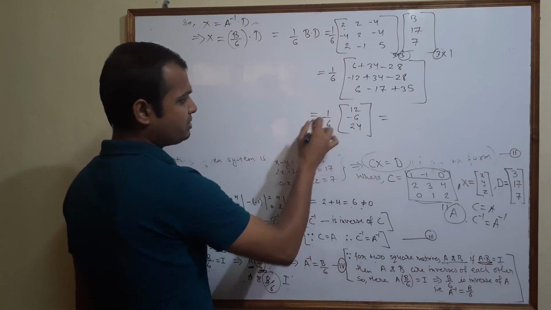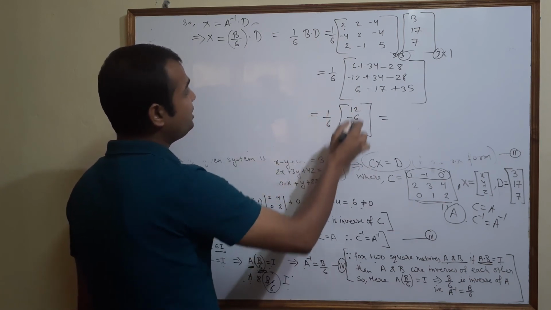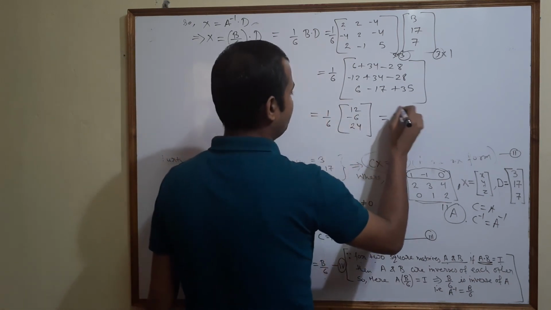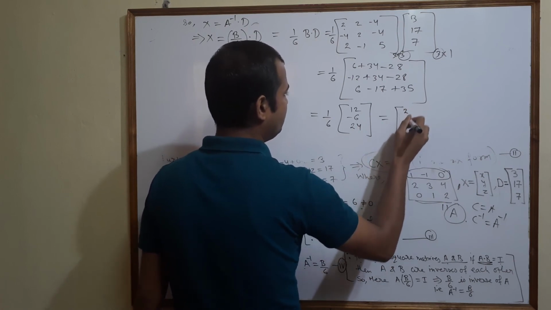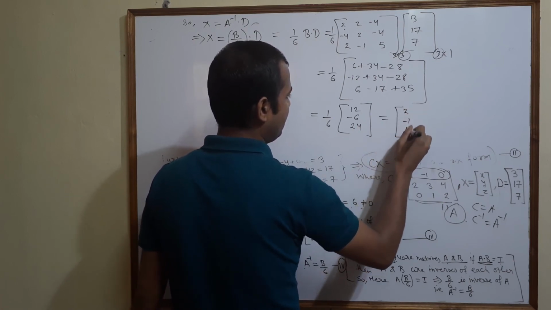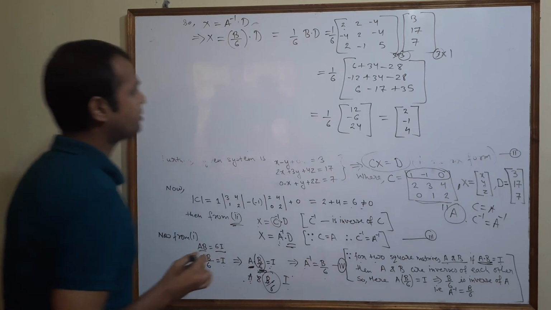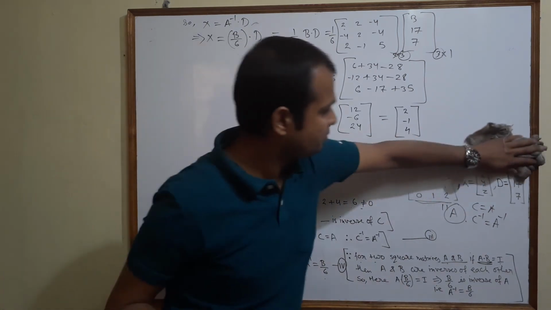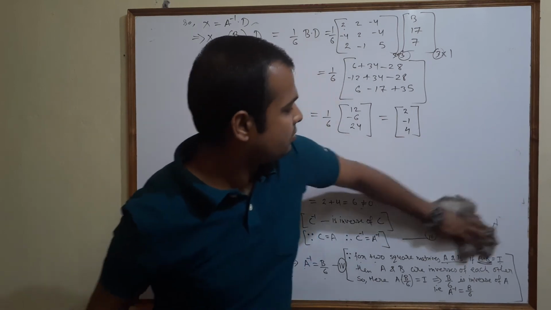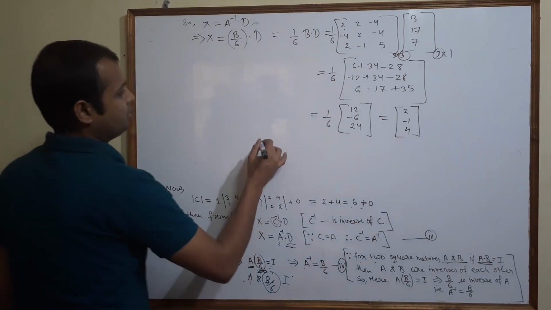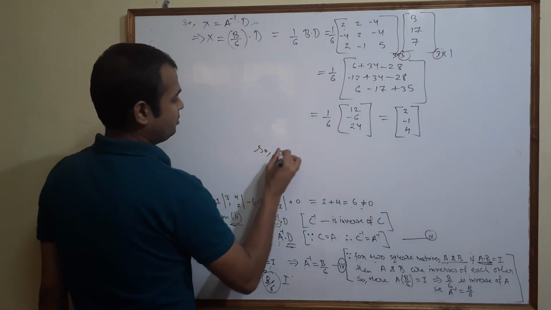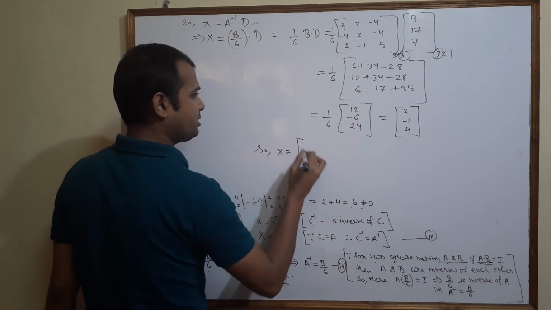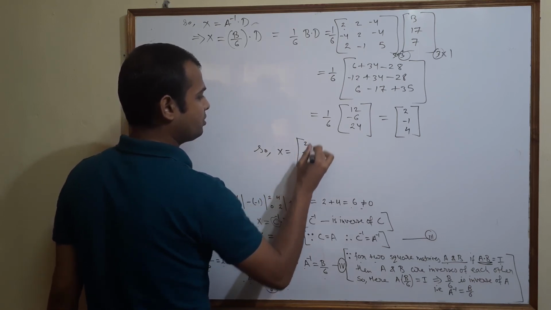Now 1 by 6 will be multiplied to each element inside the matrix. So you will get 2, minus 1 and 4. So matrix X is equal to 2, minus 1, 4.